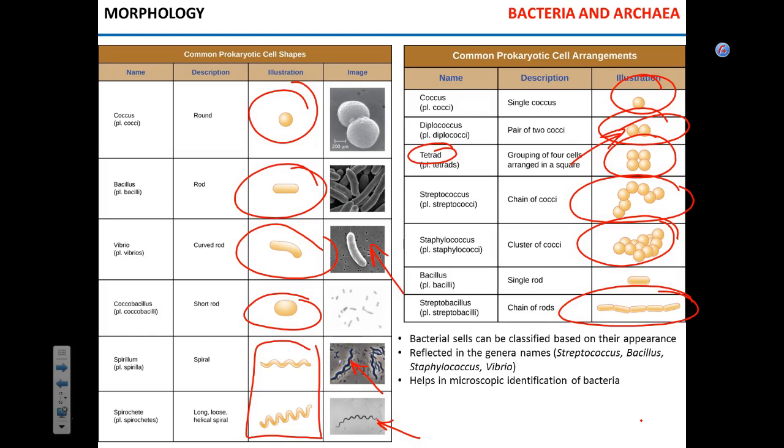Clear? Any questions about this table? That's super simple, no tricky questions, just know this stuff. You have to match the name and the description. Go ahead, your question. I was asking because I can't see the board. I can tell you. Which one? The last one. It's Streptobacillus.